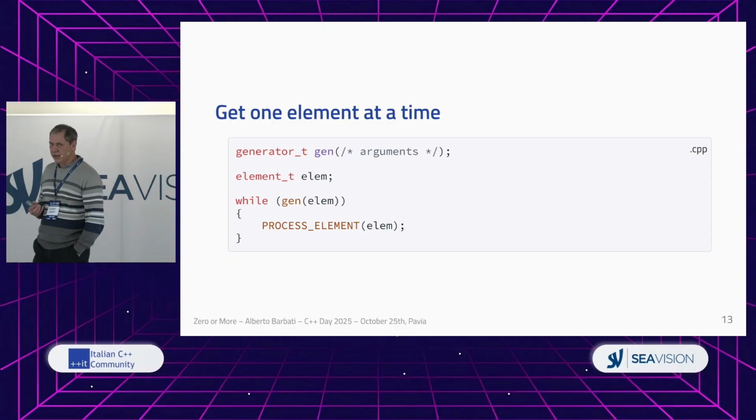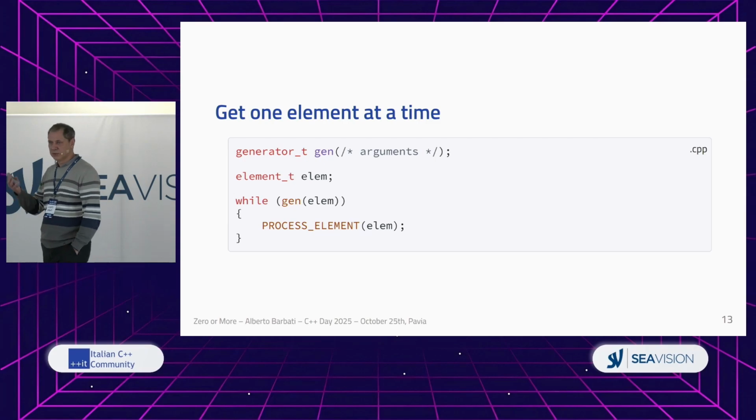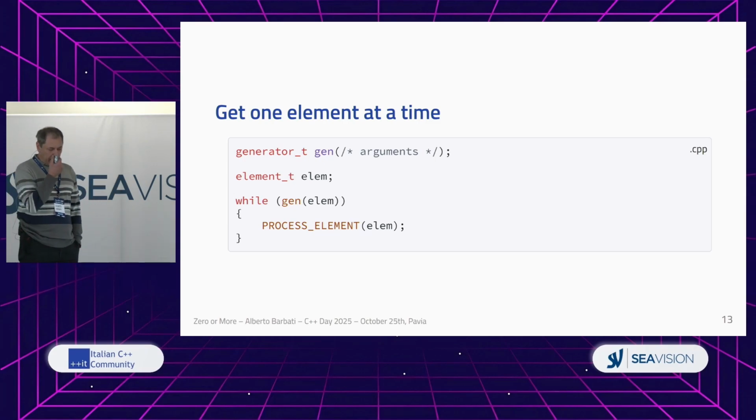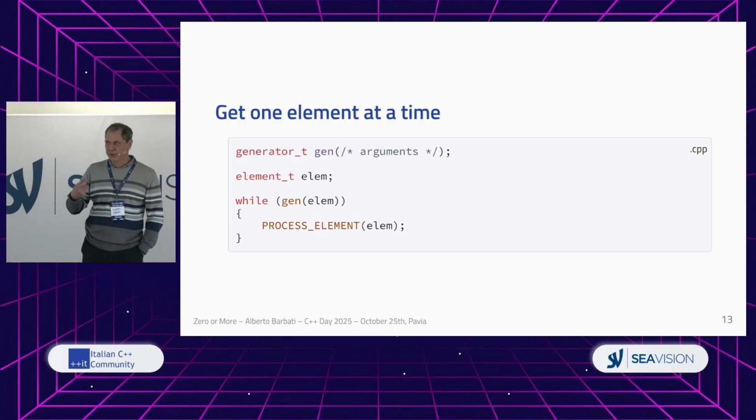Instead of having a function, I can have a type. Generator<T> is a type, so something like a struct or a class, and with this type you can create objects, so gen is an object, not a function.